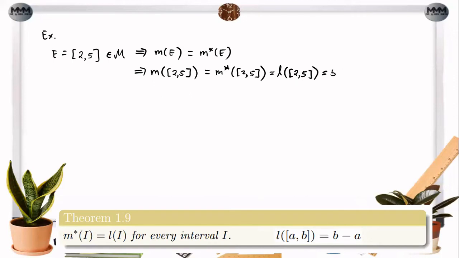So we have 5 minus 2, which is equal to 3. Take note here, A is less than B. Therefore, the Lebesgue measure of this interval is equal to 3.